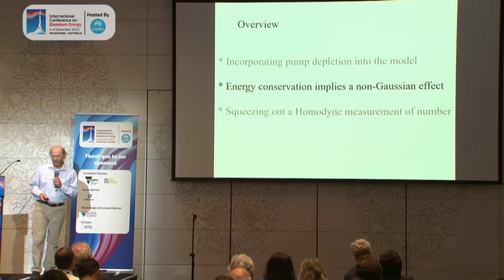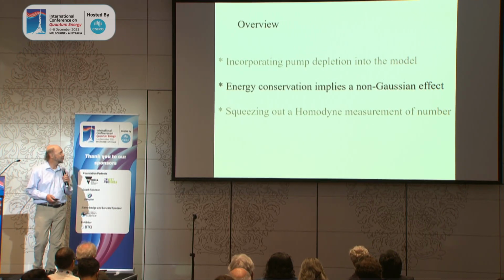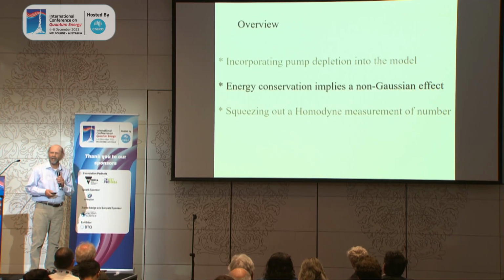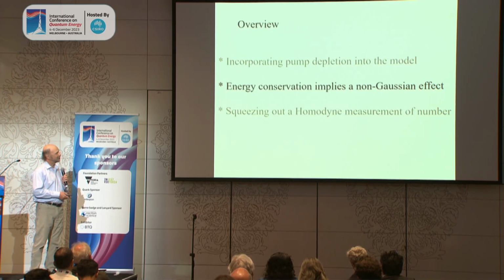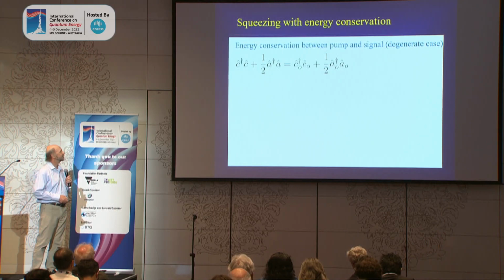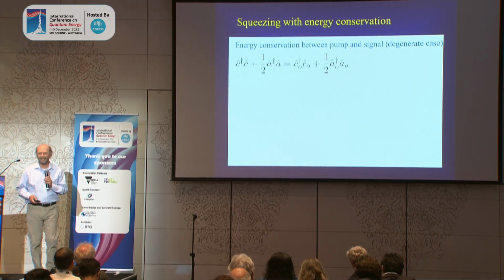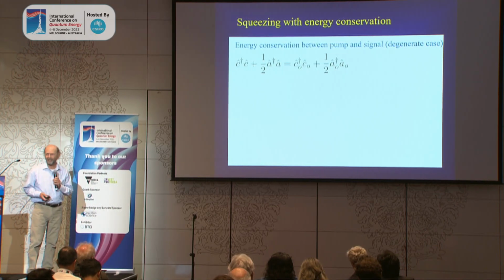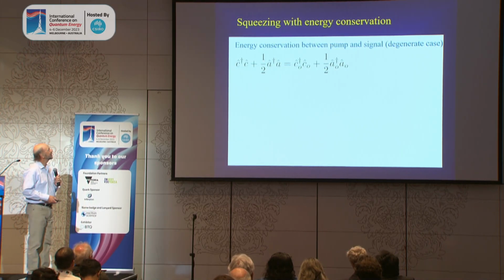Okay, so now I want to show you that there's a very simple argument for why those terms appear on the pump output, which is basically a consequence of energy conservation. To simplify things, I'm going to go to the degenerate case. Now the signal and idler are in the same mode, which I'll call A. So this is like single mode squeezing.